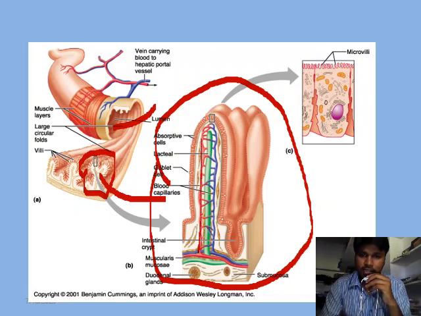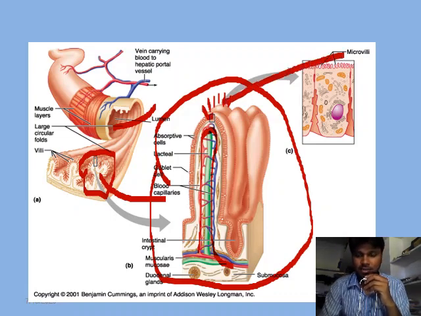You can see here they are all blood capillaries, because they transport the food molecules, and if you see the surface of the fold-like structures, we can see small projections. They are called microvilli. Okay, let's go to the next slide.